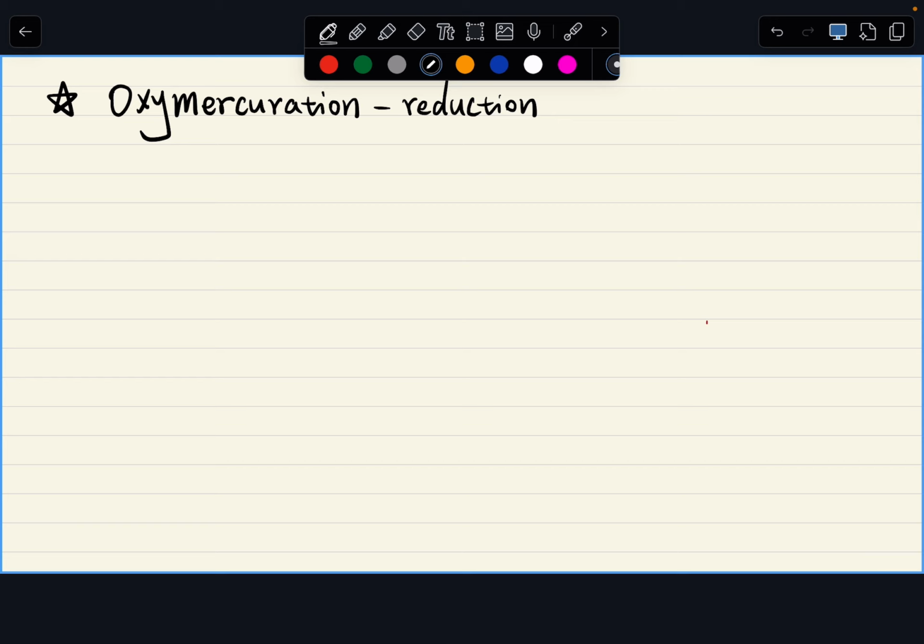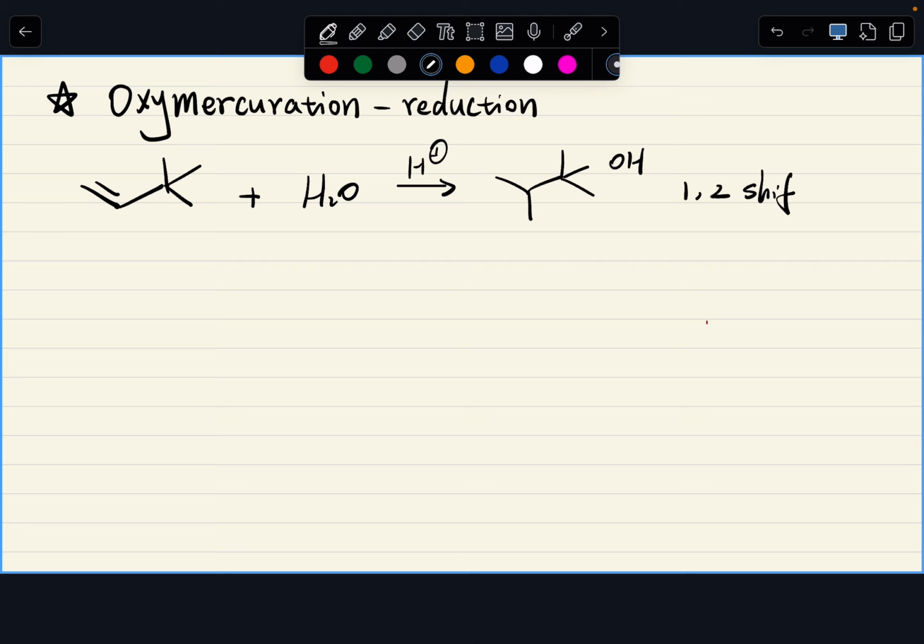One of the questions here is, again, going back to the example we did. This is the comprehensive example we just did. We say, add water under acid-catalyzed hydration. We're generating the carbocation rearrangement product. So this one is acid-catalyzed hydration, and we have 1,2 shifts taking place.